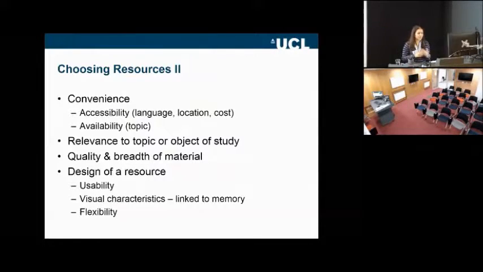And I mean the visual characteristics because they are quite linked to memory. Scholars talked about the specific visual characteristics of a specific resource triggering their memory, and they found it really useful when using them. So this is a kind of characteristic of the art historical discipline, which we believe is really interesting.